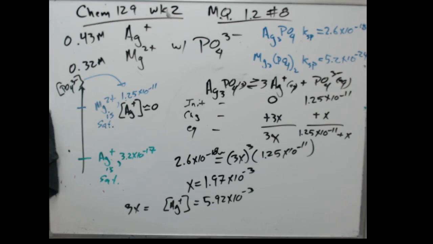Normally when I have this in a problem, and I'd have to look at the problem. Let me look at the problem real quick. Normally what I have is some note that's like, hey, use the x is small approximation and then tell me, is the x is small approximation valid or invalid? Let me see what I've got going on in this problem.